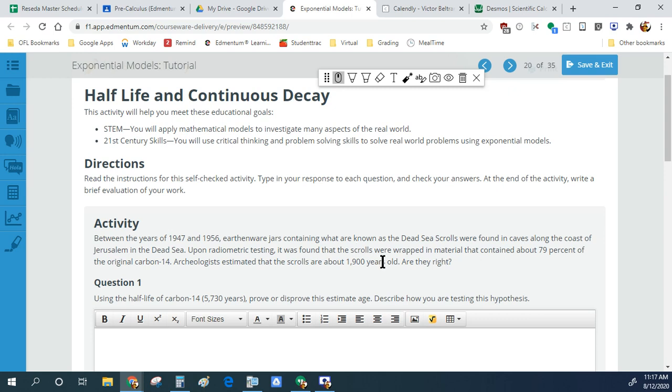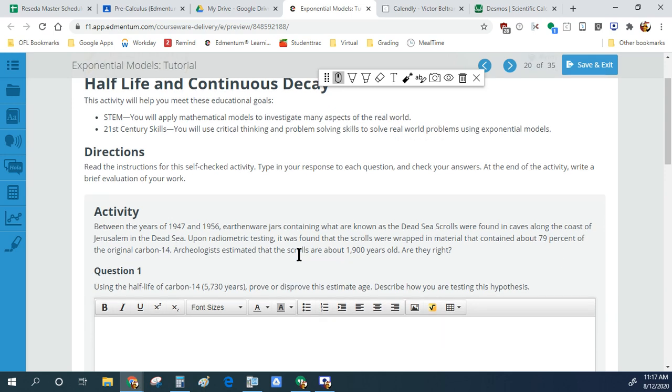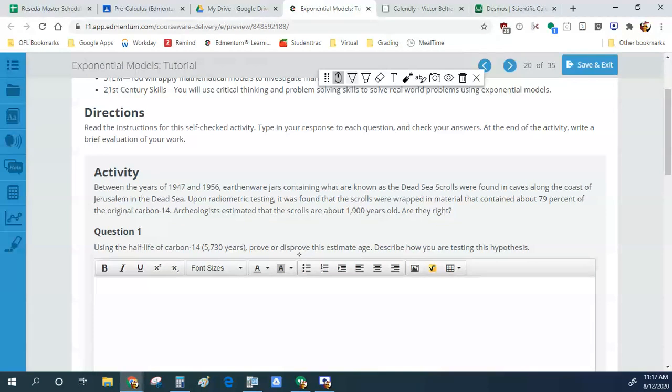So when I'm reading this, I'm looking for my years because I know this is a years problem. About 75% of the original carbon was there. So what this is telling me is that we have 0.79 left. We need to figure out what we had initially. And then this right here is E.